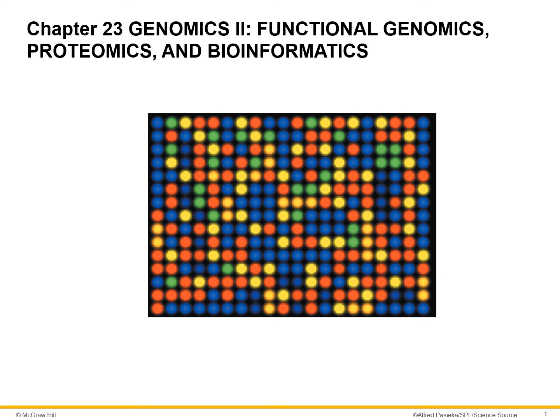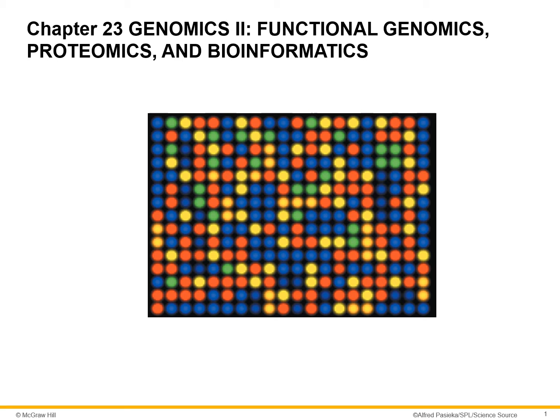We're going to cover in this PowerPoint chapter 23, which is the second of the genomics chapters in your book. The first one talked more about processes involved in determining the genome of an organism, that is, what the DNA sequence is.